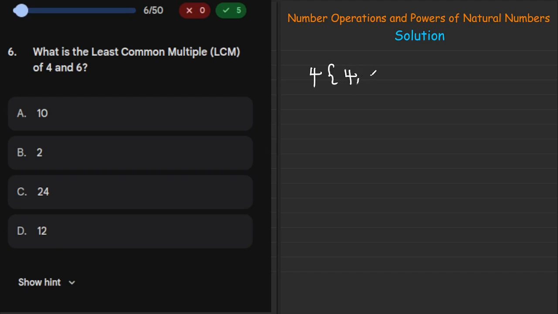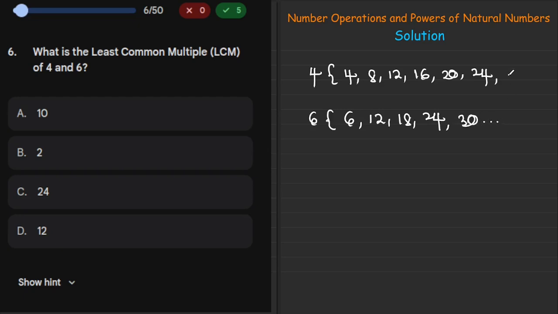You have 4, 8, 12, 16, 20, 24, and then it goes on and on. Then we come to 6. For 6, we have 6, and then 12, 18, 24, 30, and it also goes on and on.